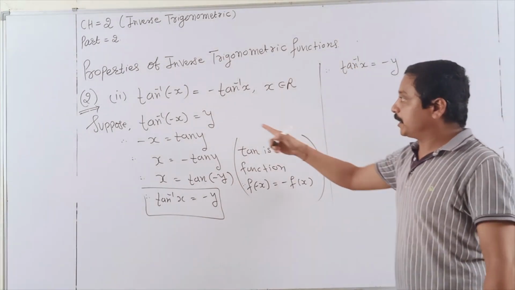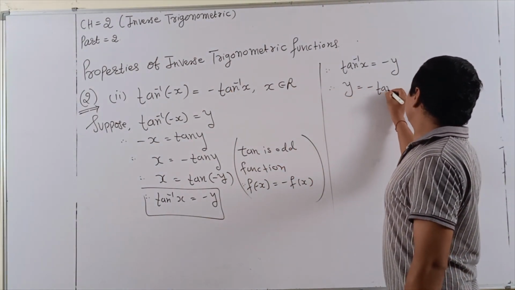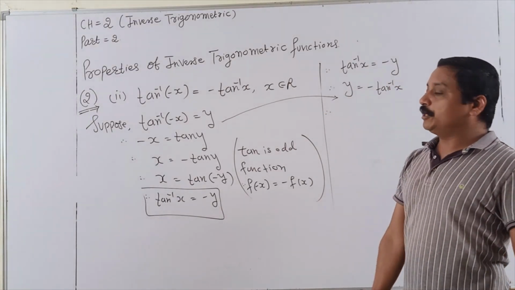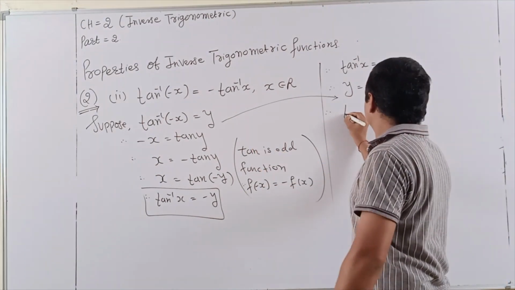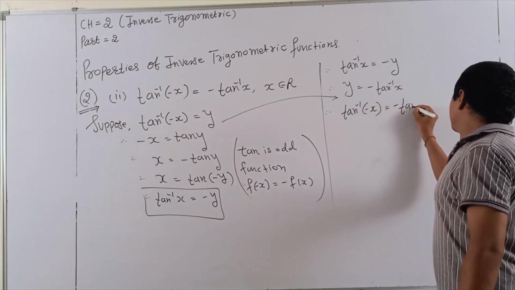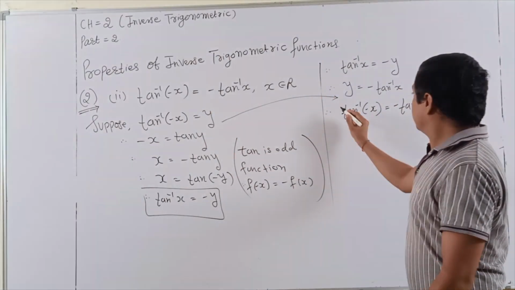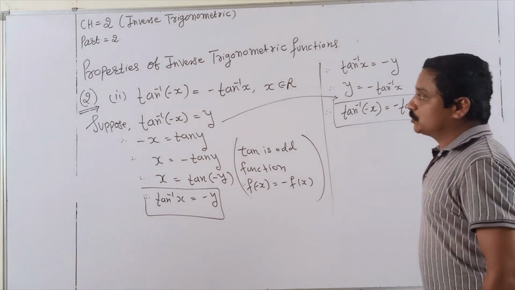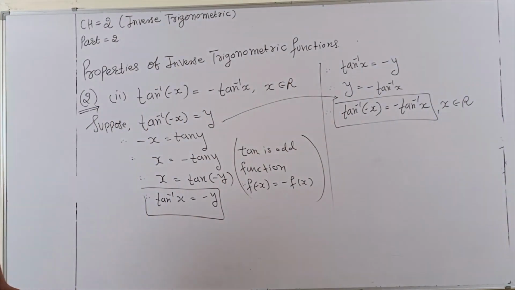Now look at your target. Yes, the target is done. What is the y? Minus tan inverse x. And this y you already assumed, and putting that value, tan inverse of minus x is equal to minus tan inverse x, and that's how it is done, students, in the range of x belongs to R. So theorem 2, property 2 is done here.